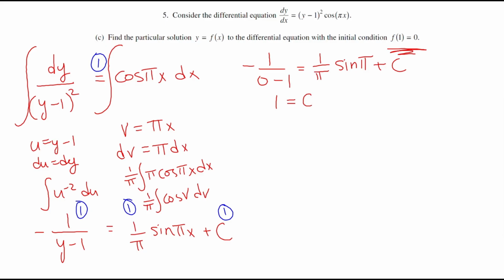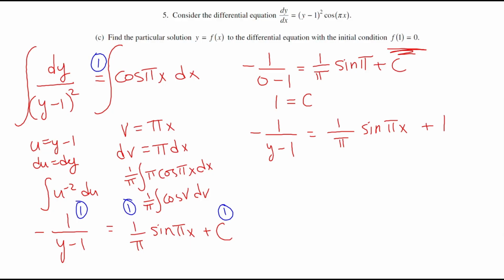So we just get 1 equals c here. And so now all we'll do is put that c equals 1 back in, and we will solve for y. So we now have negative 1 over y minus 1 equals 1 over pi sine pi x plus 1.